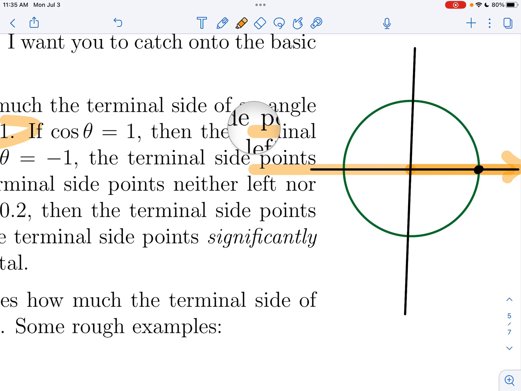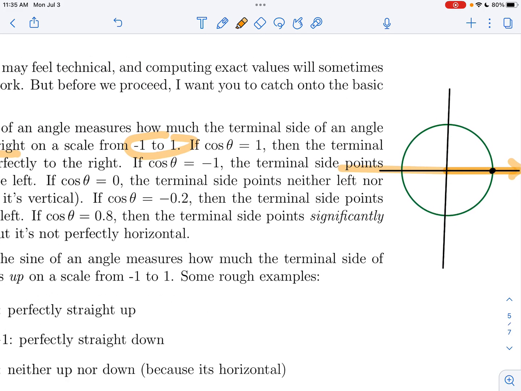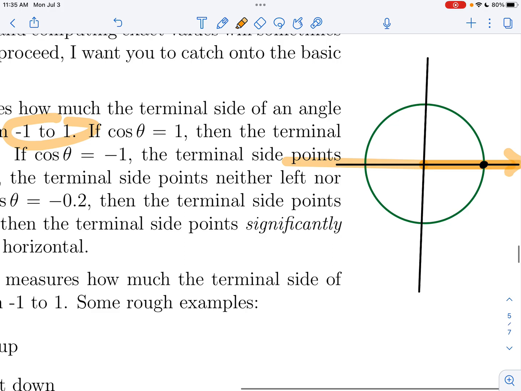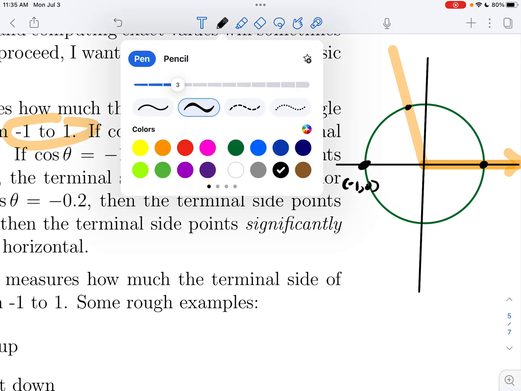If cosine is, for example, what do I have in this example? If cosine is negative 0.2, that might look something like so. Let's think of this. Right here is the point negative 1 comma 0. So we're thinking about this x-coordinate.